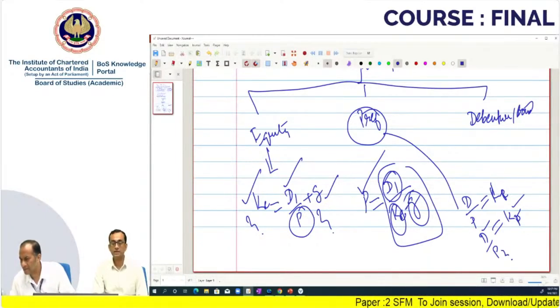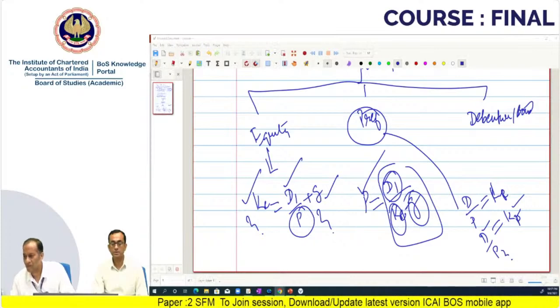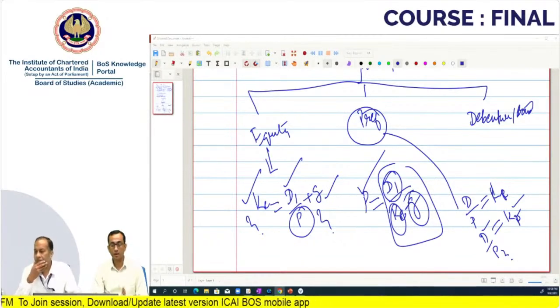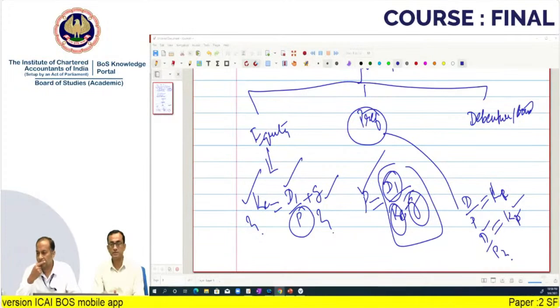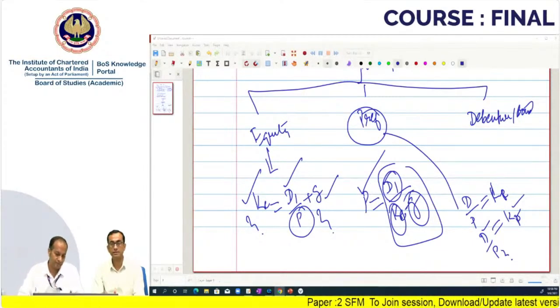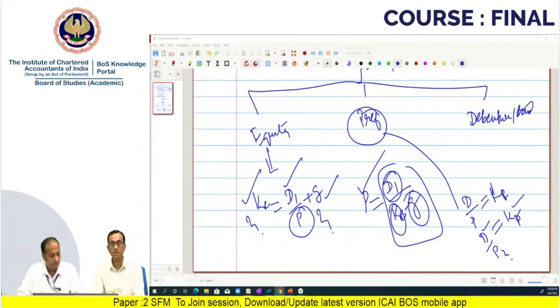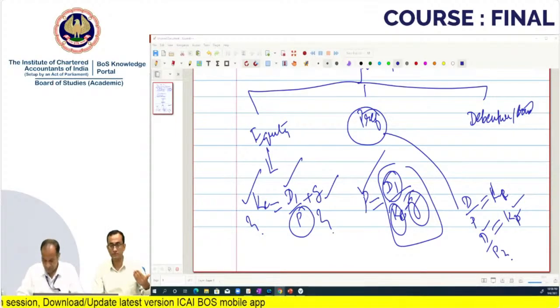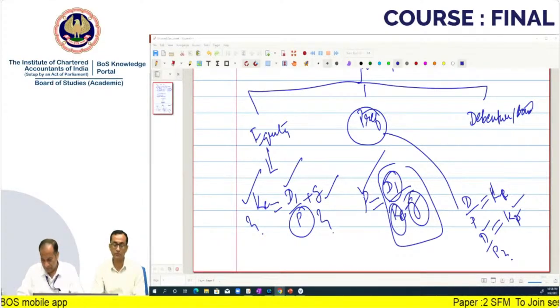The basic concept of efficient market hypothesis is that the market cannot be predicted. Therefore, there are three parts: the weak form of efficiency, semi-strong, and the strong form of efficiency.